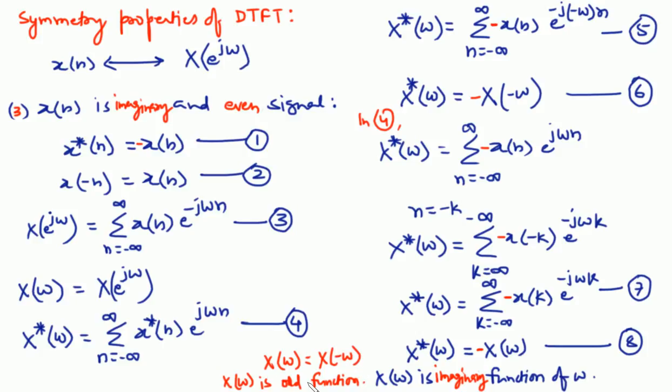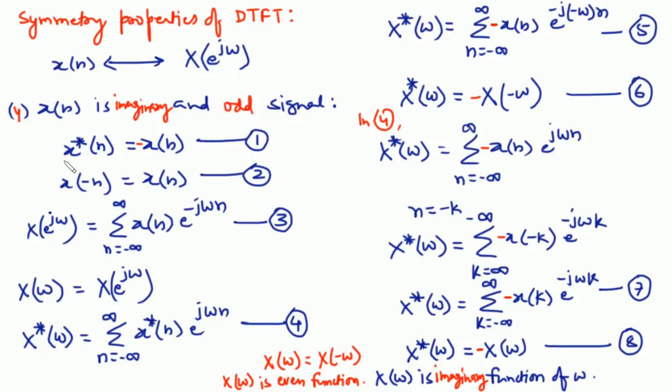It means X omega is an even function of omega. So if x[n] is imaginary and even signal in time domain, then its DTFT is imaginary and even function of frequency. Now let's see the fourth type of signal where x[n] is imaginary and odd signal.